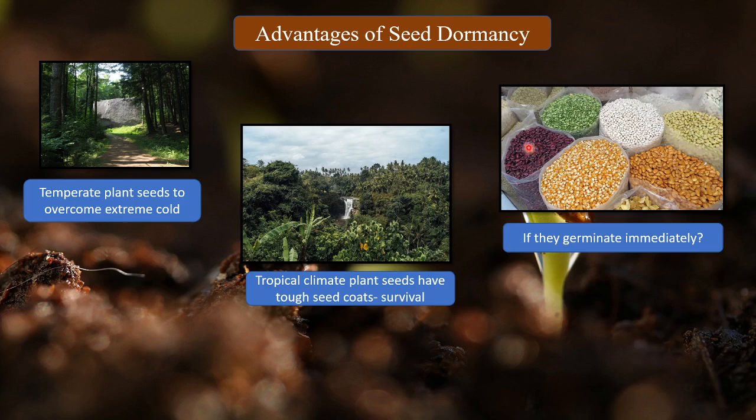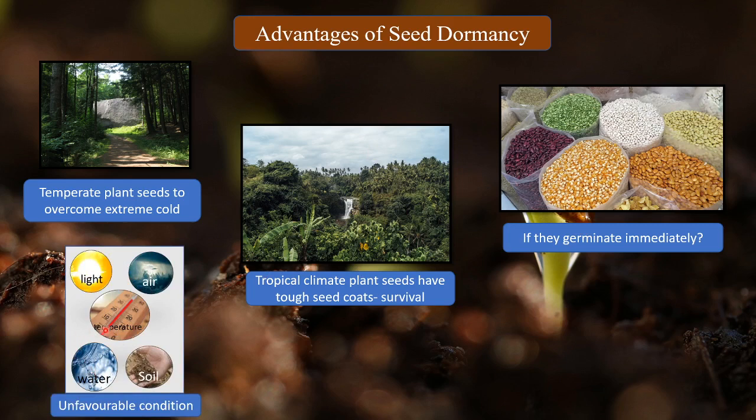So this dormancy is important for all of mankind also, because we consume them as food. Only if they remain dormant can we consume them, right? If they start germinating right after harvesting, all of this will be useless to humans. We will not be able to eat the pulses, right, these seeds. So this is also an advantage of seed dormancy.